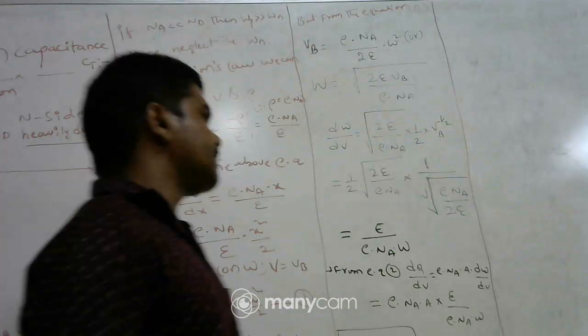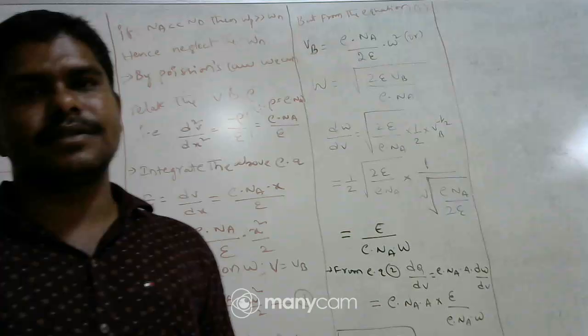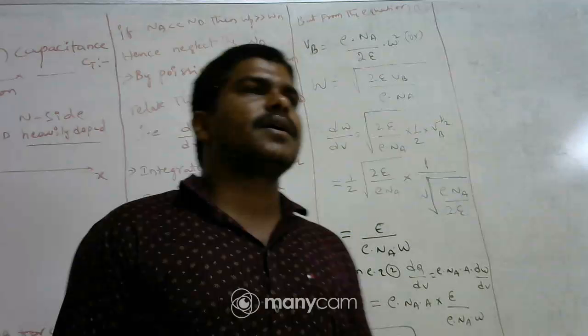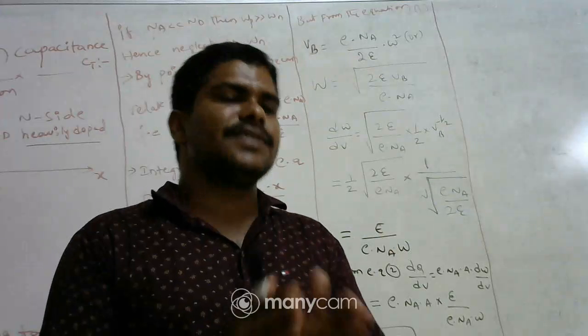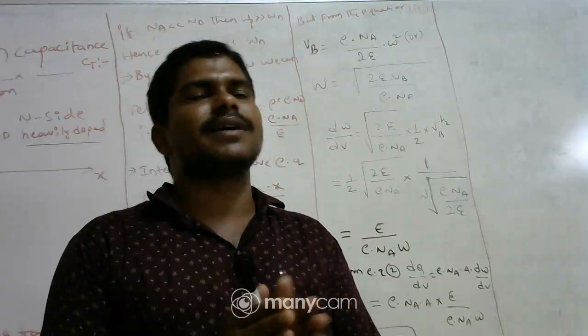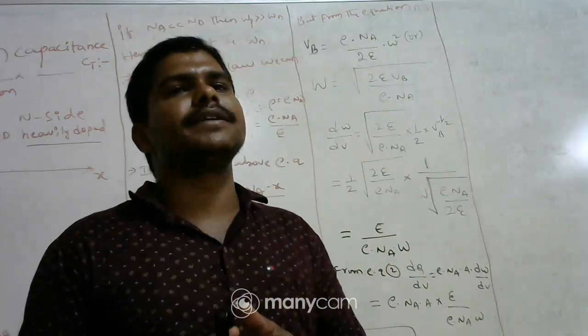So the only thing is, when you are applying bias, because of unlike charges the junction width increases. So when the junction width increases, the capacitance decreases.